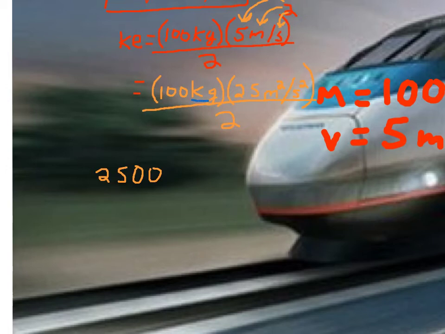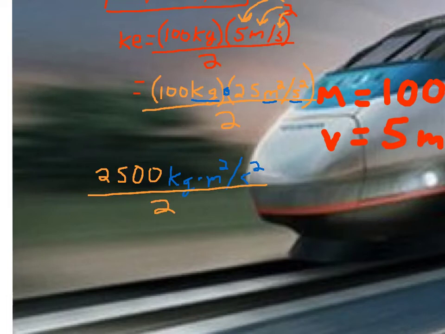We have kilograms multiplied by meter squared divided by second squared. So I'm going to just copy that down: kilogram times meter squared per second squared, and then I have to divide that all by 2.